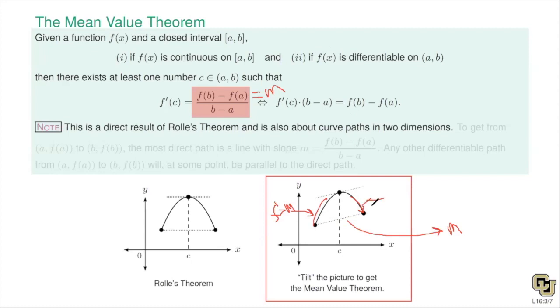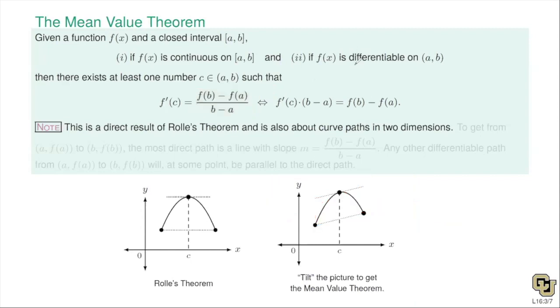Here, the slope is actually negative because it's decreasing, so the slope is less than m. So in between, it starts out with the slope bigger than m and ends up with the slope less than m. In between, there must have been at least one point where the slope is exactly equal to m. It's the same idea as Rolle's theorem.